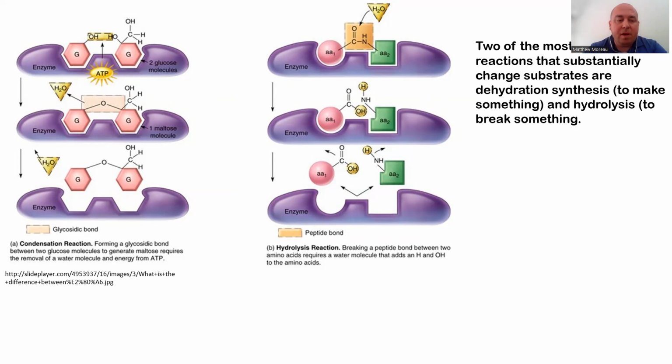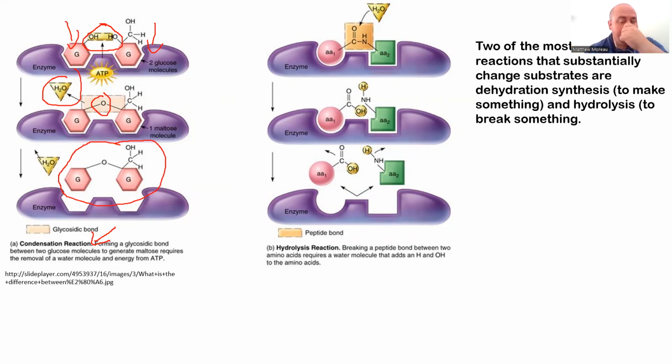If you're making chemical bonds, by and large, especially when it comes to organic substrates and organic products, we call this condensation or dehydration synthesis. This is where we will combine hydroxyl groups in order to generate water. And since we have H2O2 and we're taking out H2O, the single oxygen that remains can serve as a bridge point between the two initiating substrates in this case, and therefore creating a chemical bond.